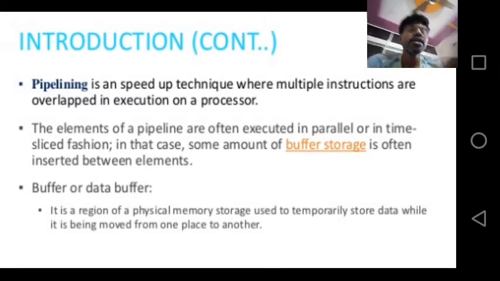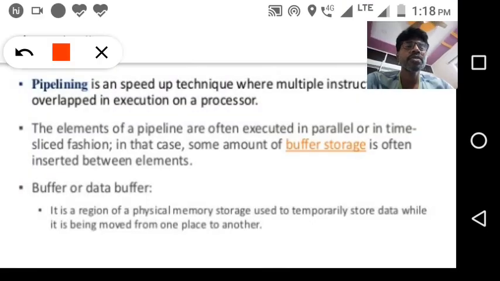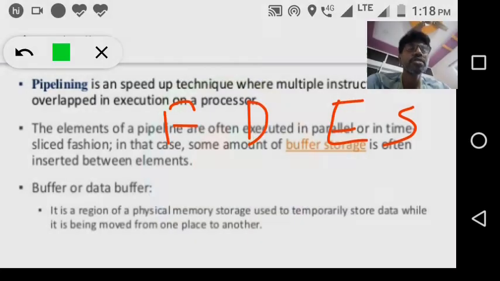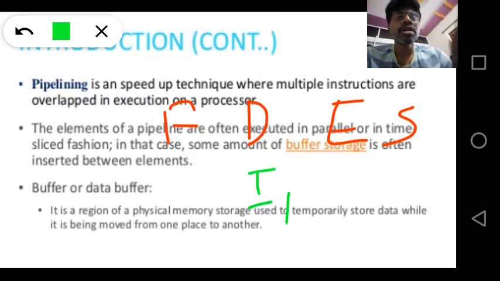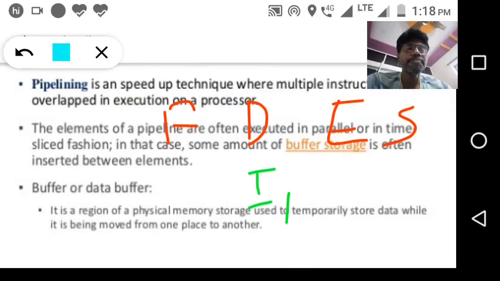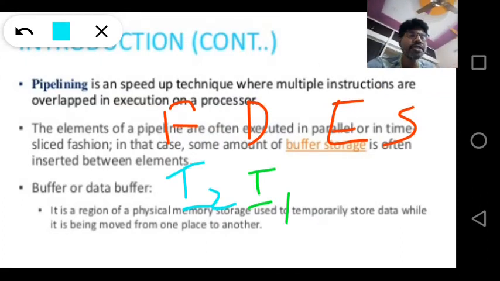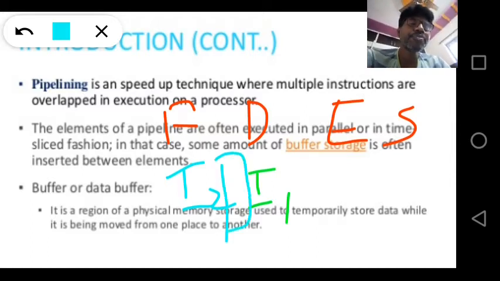That means when decode is doing instruction 1, fetch will do instruction 2. So all these things are happening in parallel. If they are not parallel, then you need some buffer.